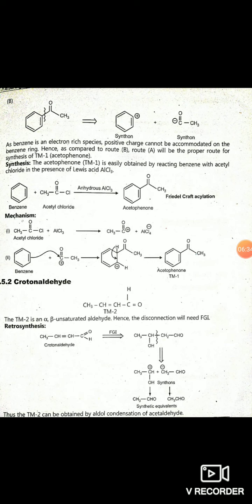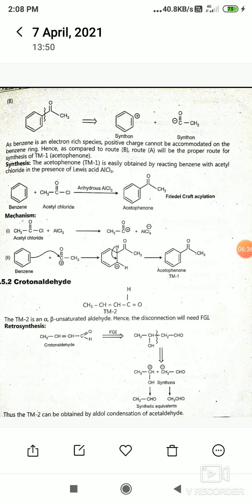Benzene, on reaction with acetyl chloride in presence of anhydrous AlCl3, gives acetophenone. It is a Friedel-Crafts acylation reaction. Then the mechanism of this reaction: acetyl chloride reacts with AlCl3, then chlorine is a good leaving group, it is removed, then the formation of carbocation and AlCl4 minus.